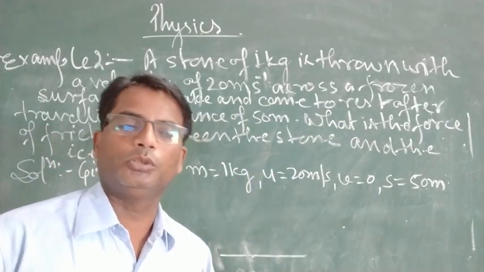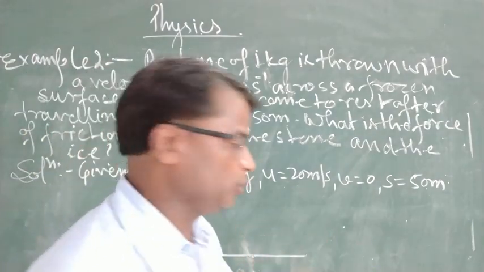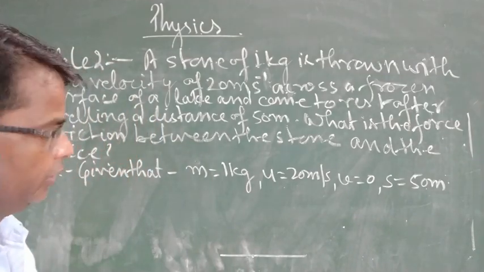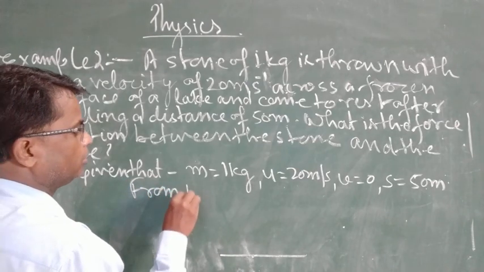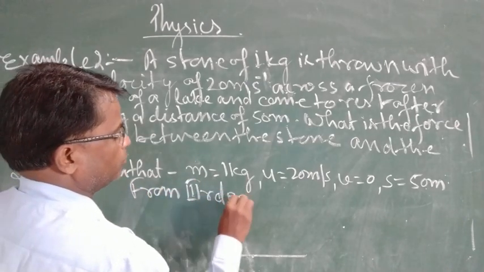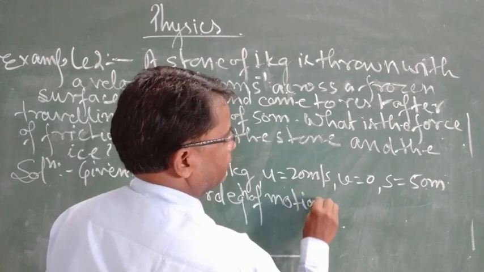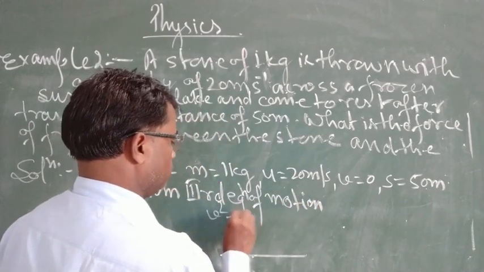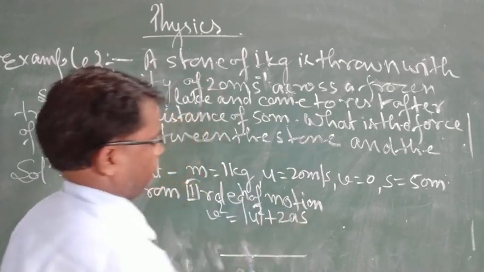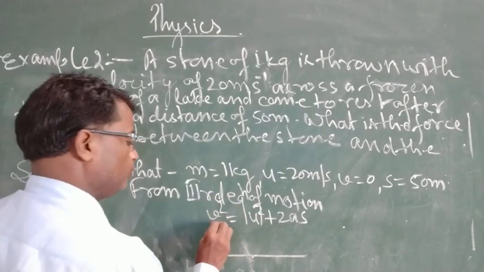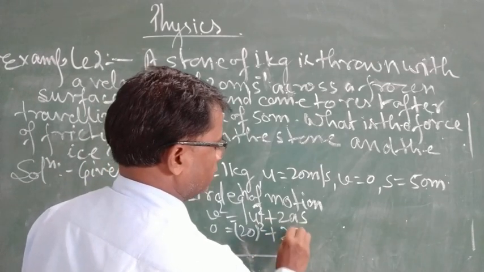All of you know which formula we can use: from the third equation of motion, v square is equal to u square plus 2as. The v value is 0, u value is 20 square, plus 2a into 50.